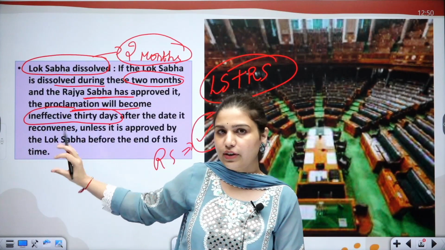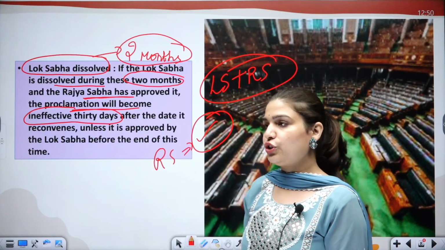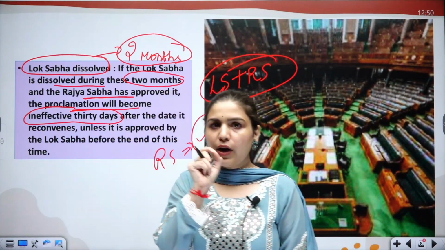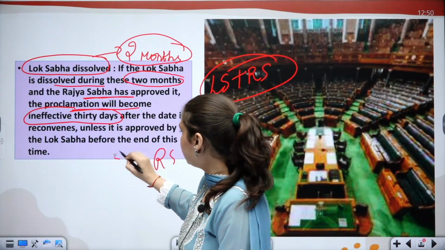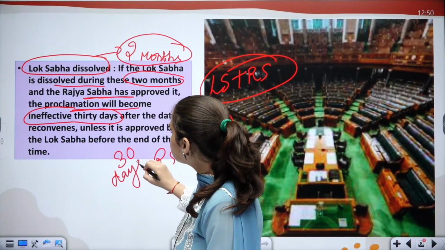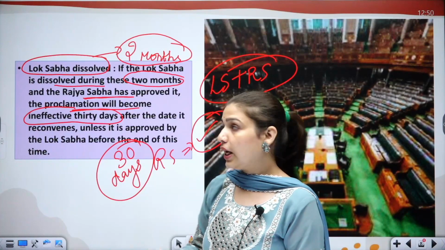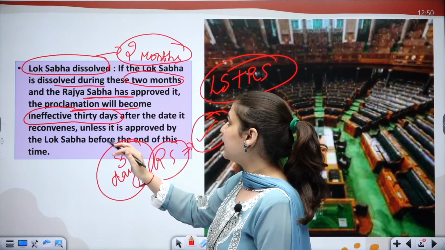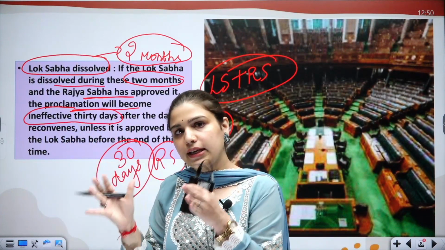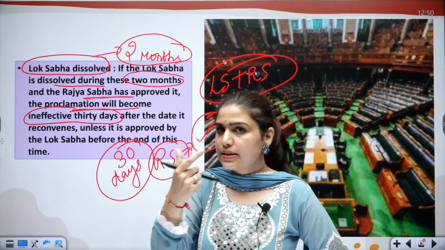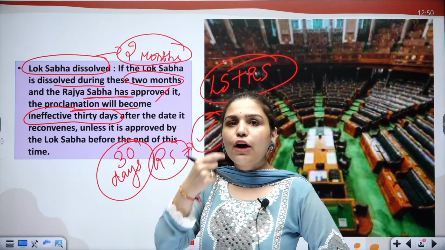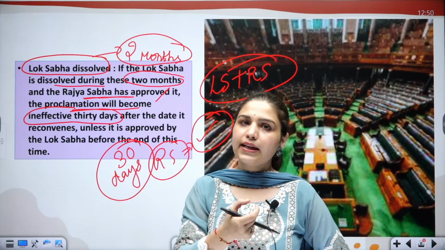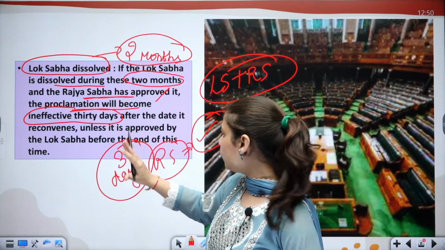The proclamation will become ineffective after 30 days. So in the meanwhile, when the Rajya Sabha has approved this proclamation, and after some time there is a newly constituted Lok Sabha, then after its first sitting, within 30 days, the Lok Sabha must approve the proclamation which has been issued, given that the Rajya Sabha has already approved it.